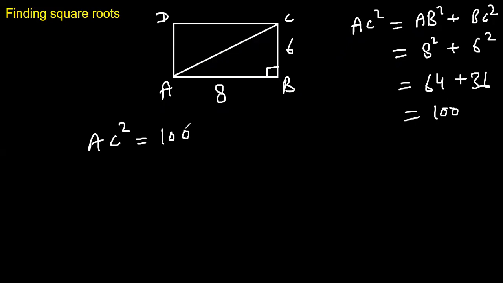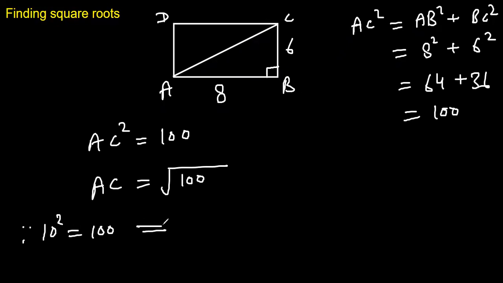Now AC square is given, means square of a number is given, and we are asked to find AC. So AC would be square root of 100. Can we find a number whose square is 100? That would be the square root of 100. Yes, we know, because 10 square is 100.